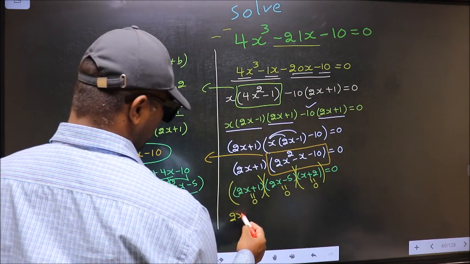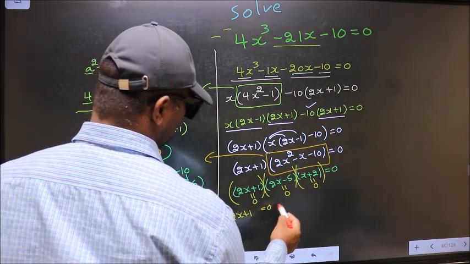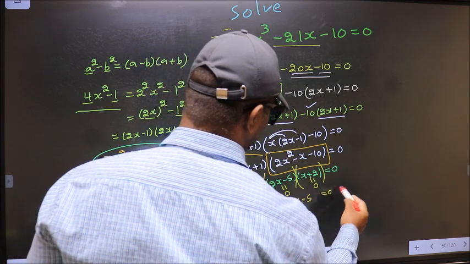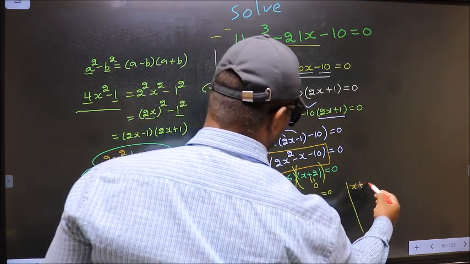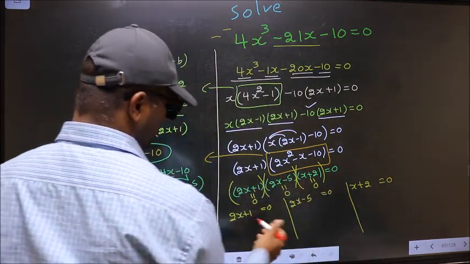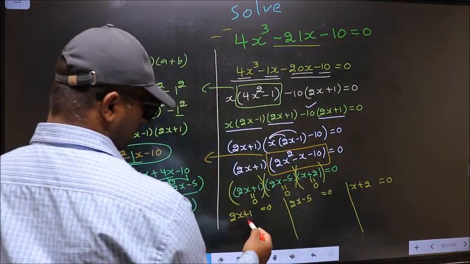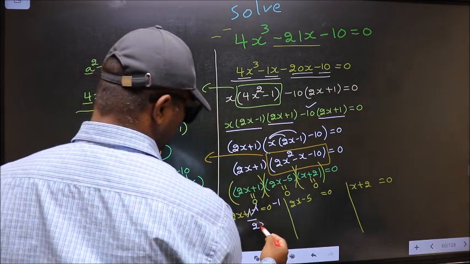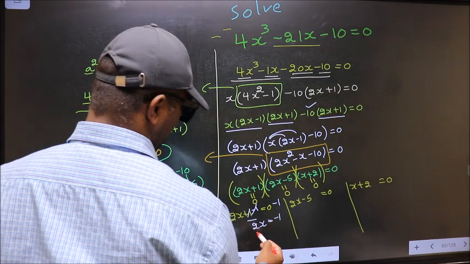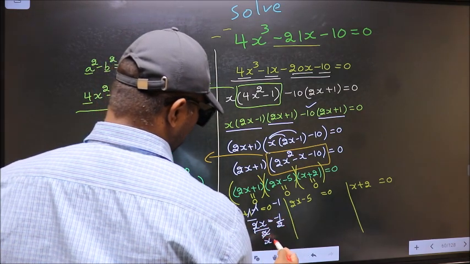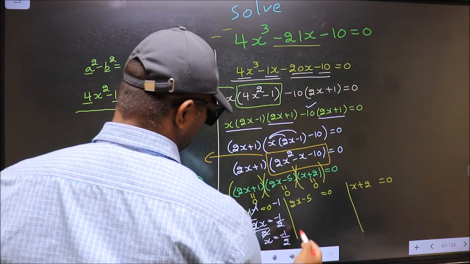That is 2x plus 1 equal to 0, 2x minus 5 equal to 0, x plus 2 equal to 0. Now to get x value from here, I should remove plus 1, so subtract 1. We get 2x equal to minus 1. Now I should remove 2, so divide by 2. You get x equal to minus 1 by 2.